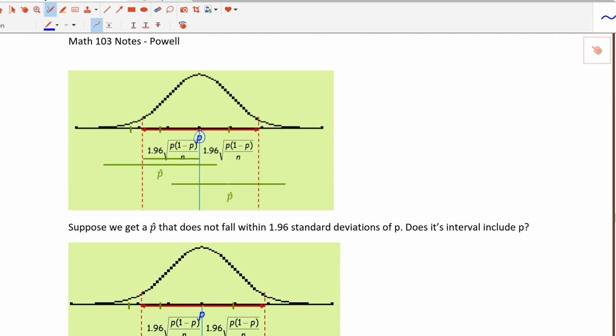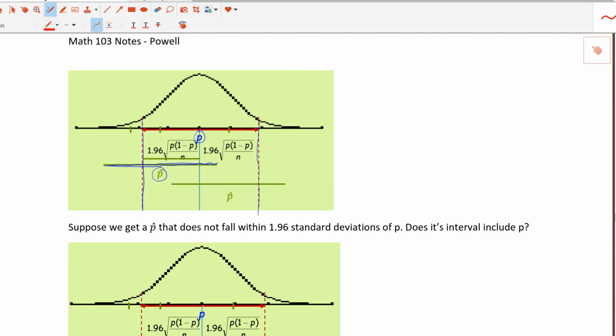But now, when we take a sample, we are not necessarily going to get the actual value of P. We're going to get an estimate. So if we think of this estimate right here and we go 1.96 standard deviations below and above, not all of the values are going to be within that range of 1.96 standard deviations of the actual population proportion.